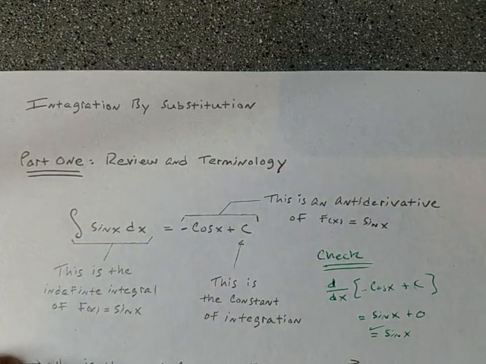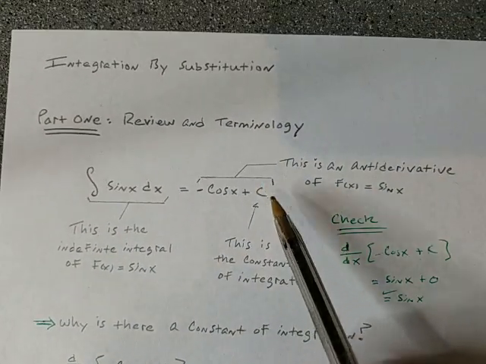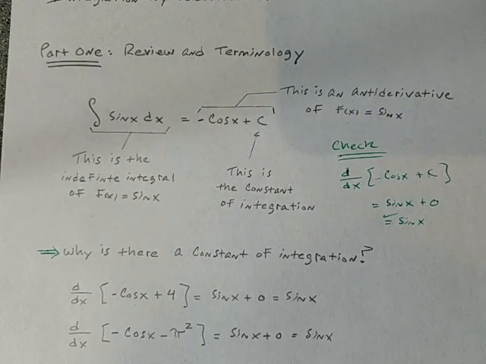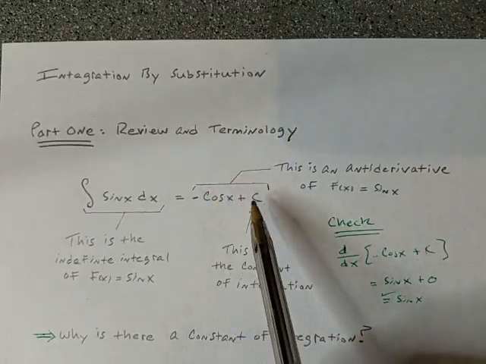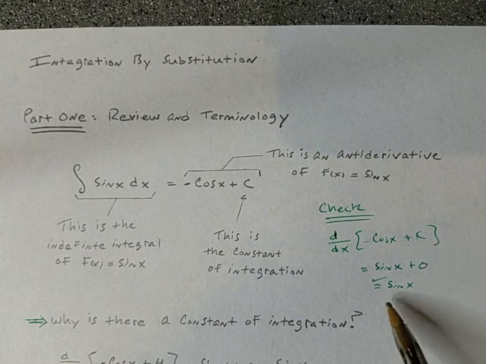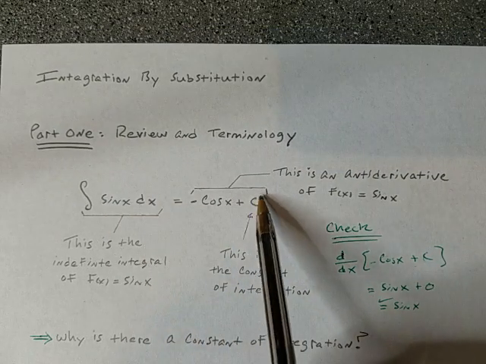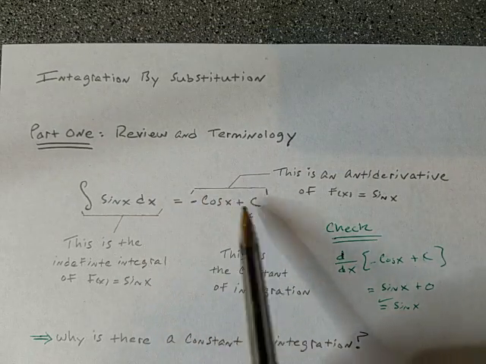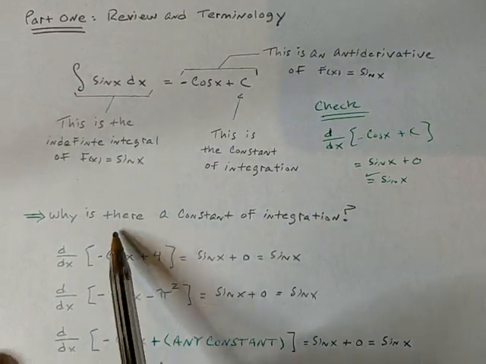All right? That's how these work. All right, a little bit more about this constant here, which we call the constant of integration. There could be lots of answers to this question, right? I said that constant can be anything, and it's going to check out. What makes this statement correct is if I take the derivative of this, I get that, okay? But why is there a constant of integration?